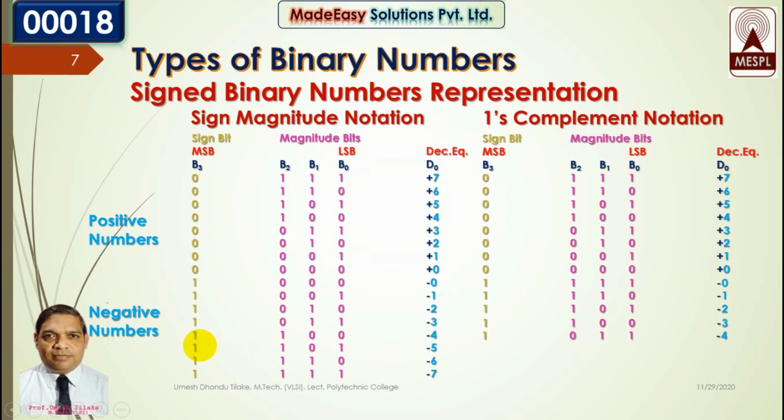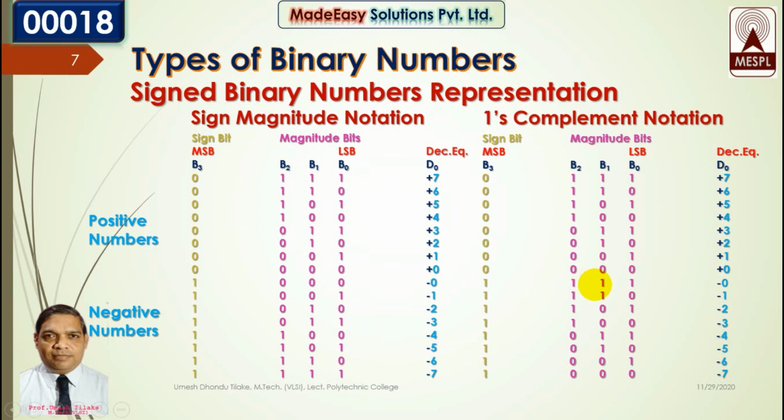Minus 5 will be 1010. Minus 6 will be 1001 and minus 7 will be 1000. So this is how we represent signed binary numbers using 1's complement notation.